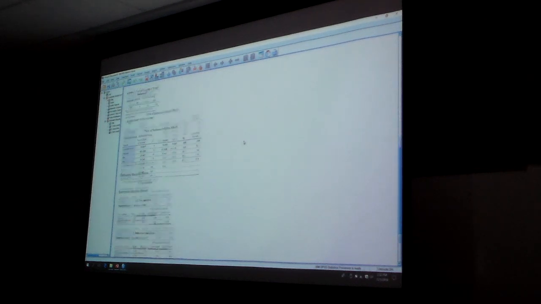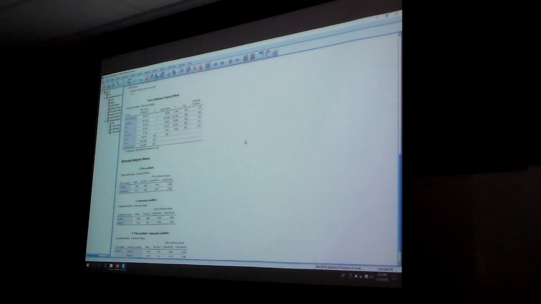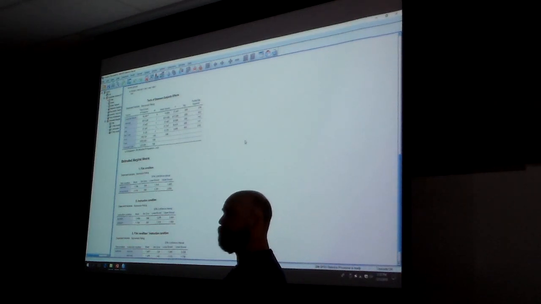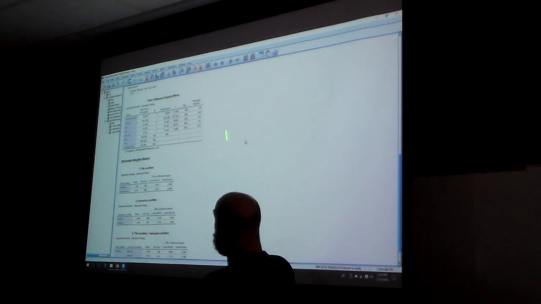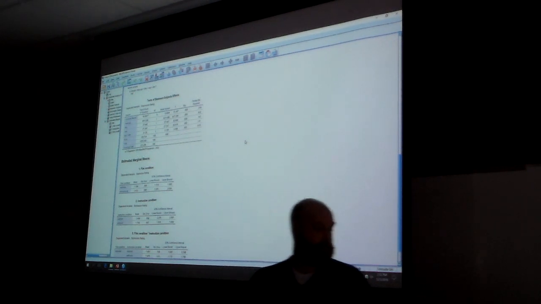All right. So now we get into some of the meat and potatoes of this omnibus test here. Someone tell me, John, help me out here. What are we seeing in terms of my between subjects effects here?